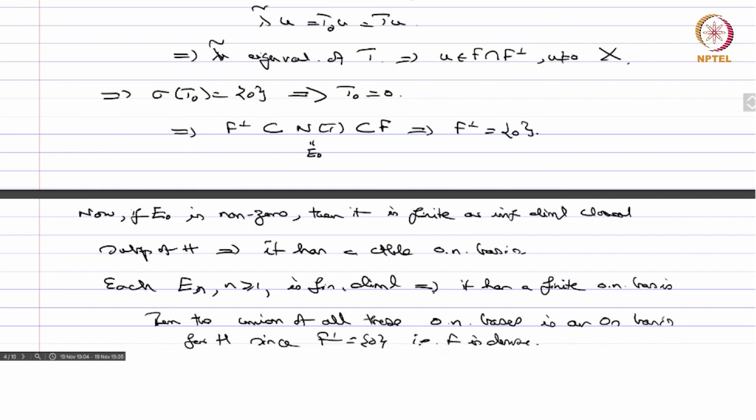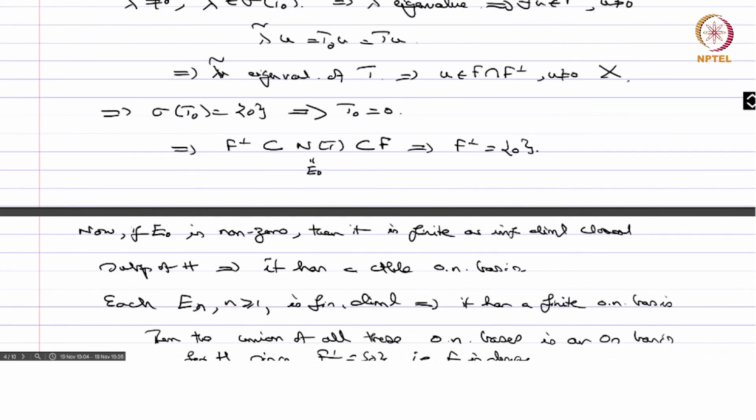Because the union being orthonormal is clear, if x is orthogonal to all of these basis vectors, then x is orthogonal to the space F, and then we saw that F perp is 0 since F is dense. So this proves that you have an orthonormal basis for H.